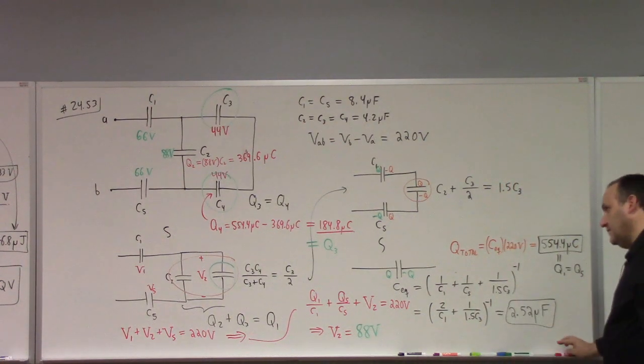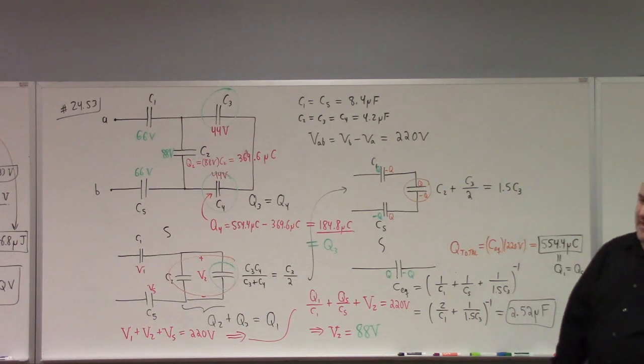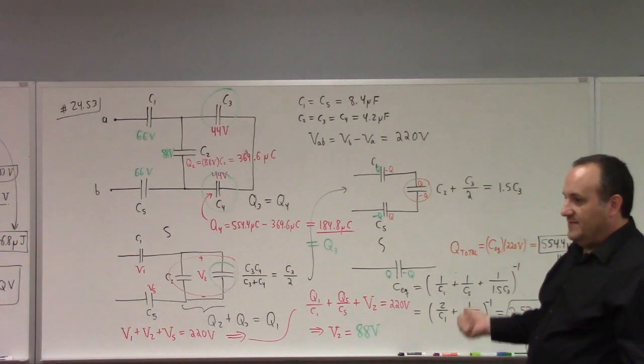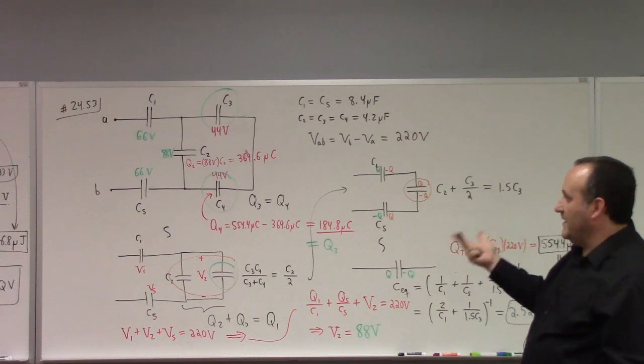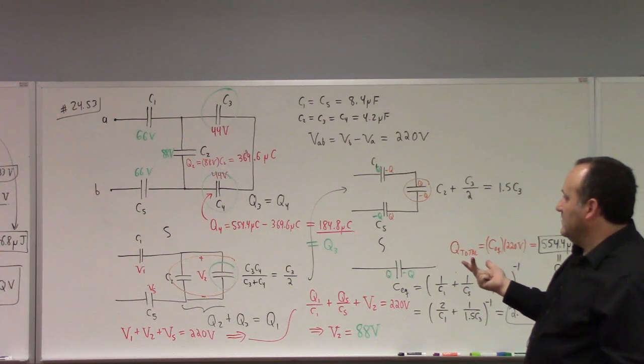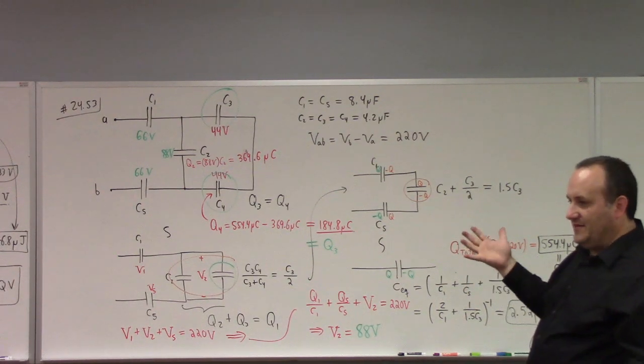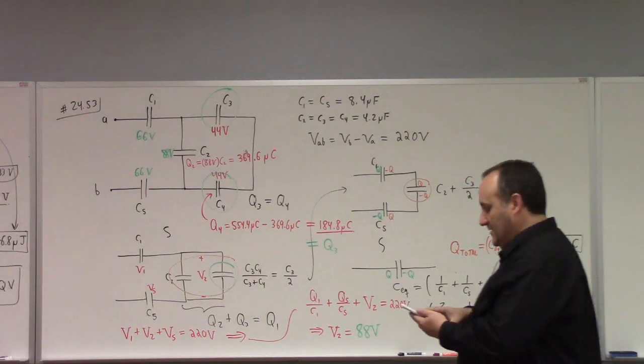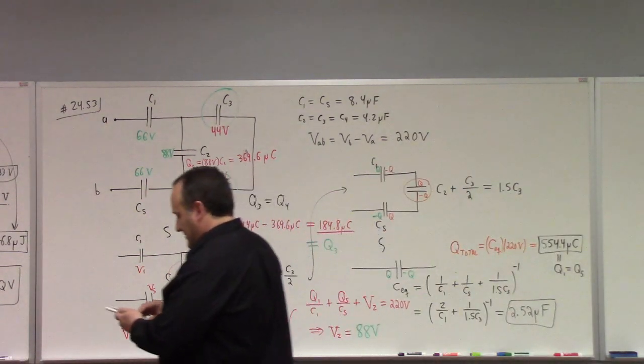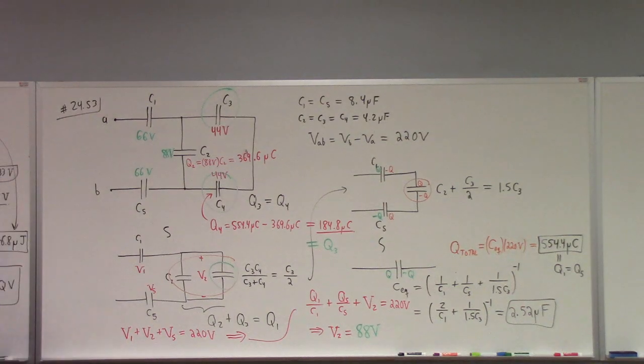So there you go. Man, this is quite a problem. We got 10 things defined: voltage and charge on 5 different capacitors. What an obnoxious problem. If I have any good sense, when I ask this kind of question on the test, I don't ask for all 10 things. I pick 3.